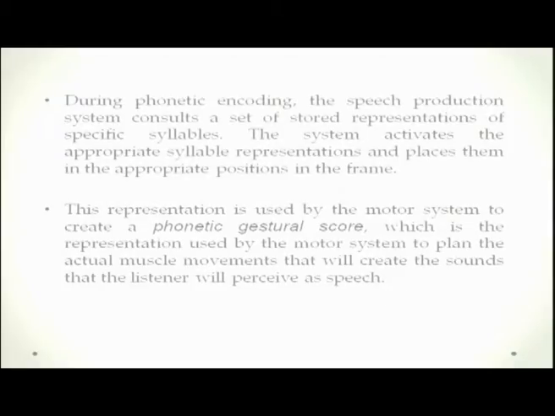During phonetic encoding, now we are moving further than this, the speech production system consults a set of stored representations of specific syllables. How is this thing produced? So, cat versus cut. So, how is this syllable actually produced? This is what is stored, and the phonetics will basically decide how you are going to produce a particular set of syllables.